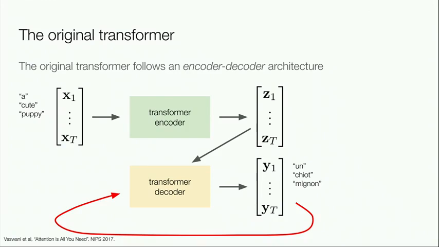It'd be trying to generate whatever it wants, right? When we condition it on Z1 through ZT, now its goal is to look at those representations, which give it information about the source sentence, and actually do the translation from the source sentence to the target sentence. That becomes its goal, right? So this is the high-level idea. This is a sequence-to-sequence model that follows this encoder-decoder architecture. The encoder processes the source sentence, and the decoder, conditioned on those processed representations, then generates the target sentence. Yes?